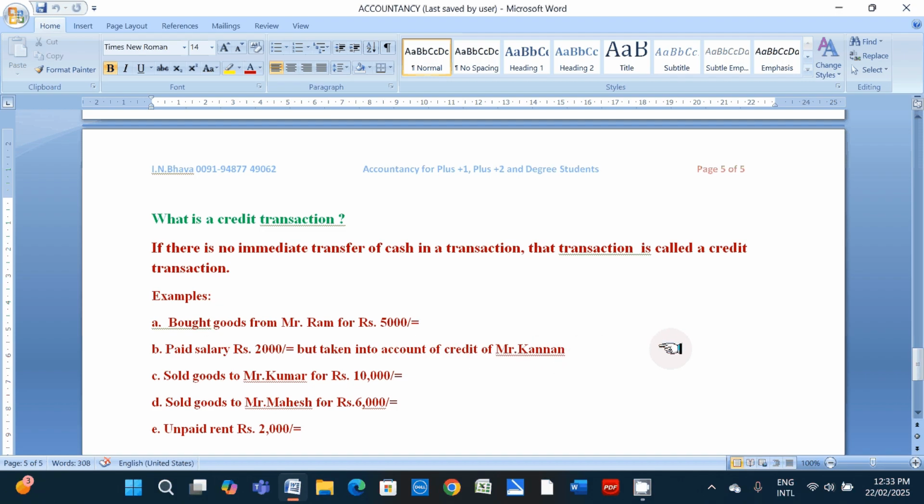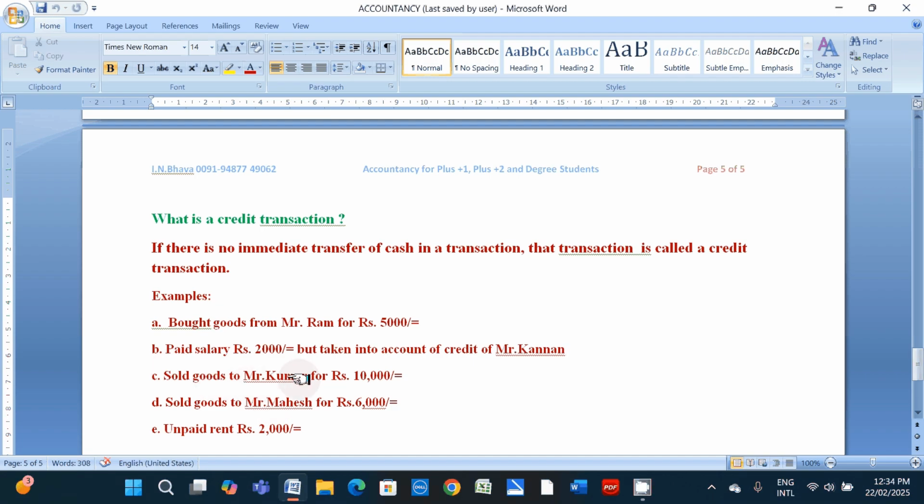Kannan has rendered his service in our company or in our building, anything else. At that time we are supposed to pay the salary. But if we have not paid the salary, we have taken it into account of credit of Mr. Kannan. To the account of Kannan, to the credit, we have taken this salary, but we have not paid the salary.